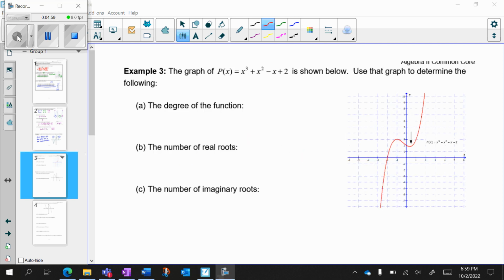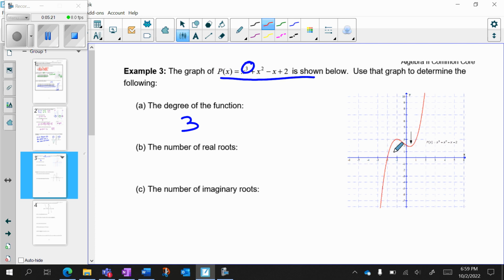Next, in example 3, the graph of p of x is equal to x cubed plus x squared minus x plus 2 is shown below. Use the graph to determine the following. What's the degree of the function? Well, if we look at the equation, my highest degree is 3, so it is 3. The number of real roots, let's take a look at the graph.